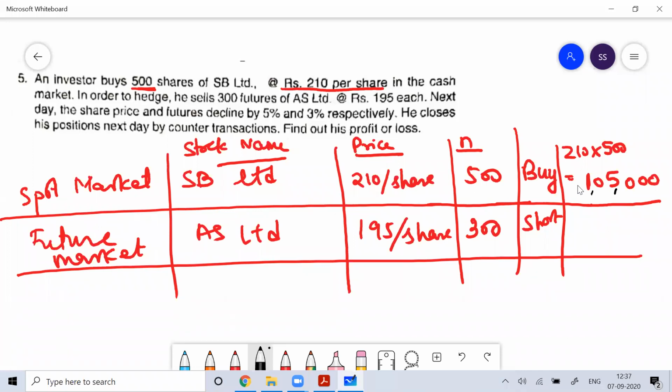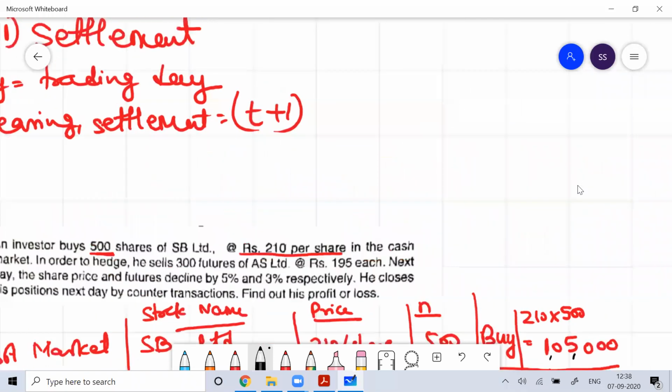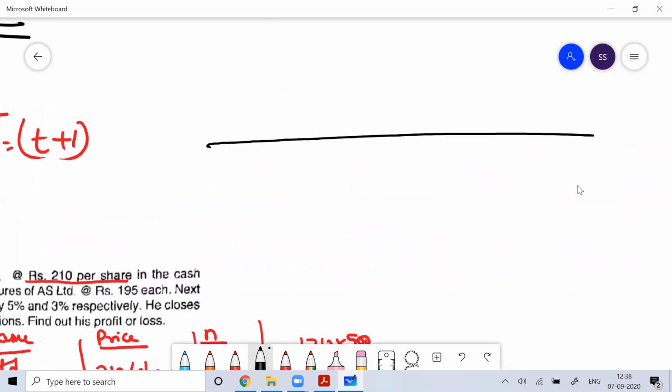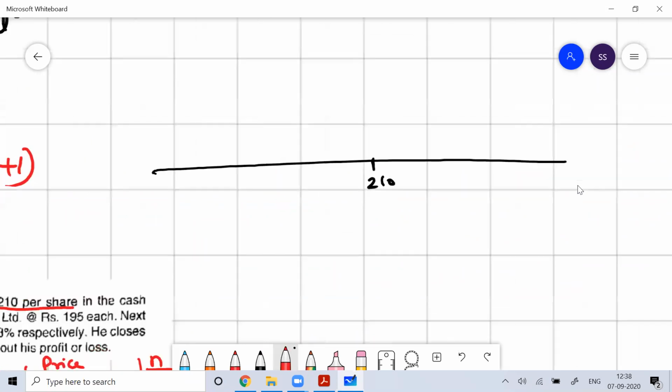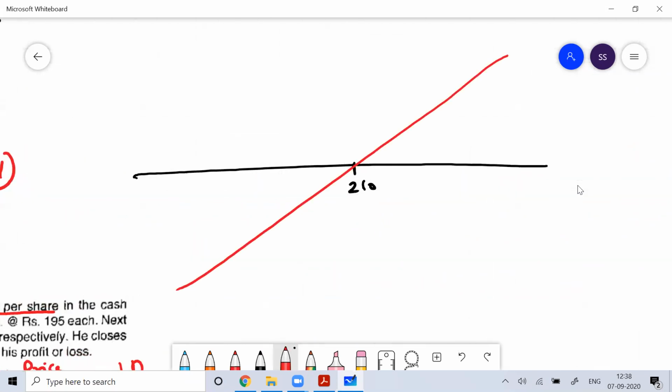But if the SB price decreases below 210 rupees, the more it goes below, the more losses you will start making. This is the payoff diagram of the person. The more it goes above 210 rupees, the more profit he makes, and if it starts going below 210 rupees, he starts getting losses.